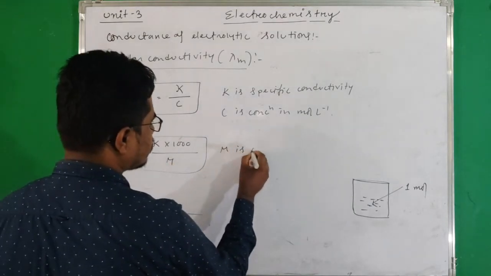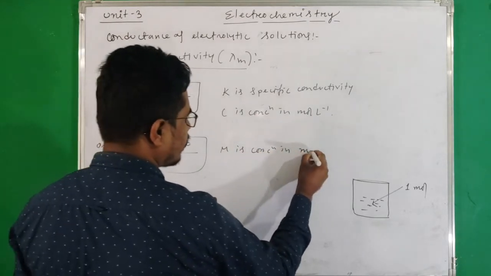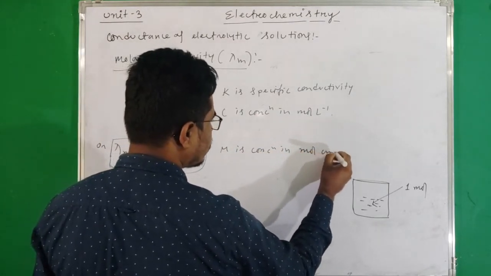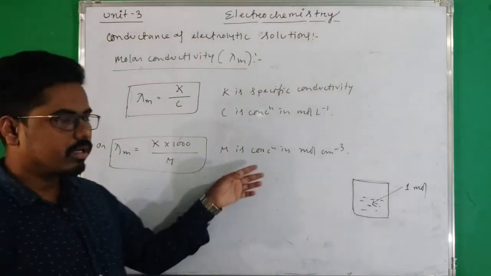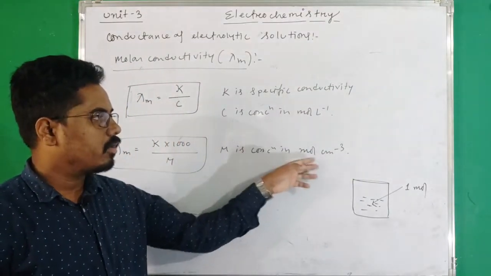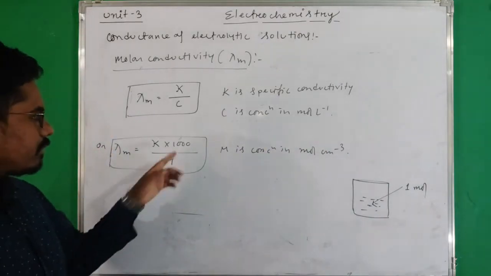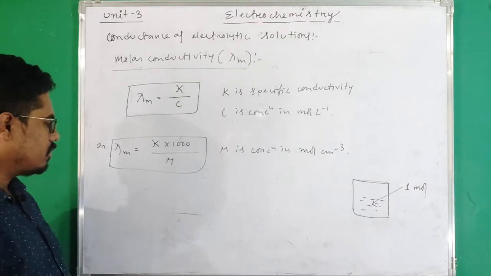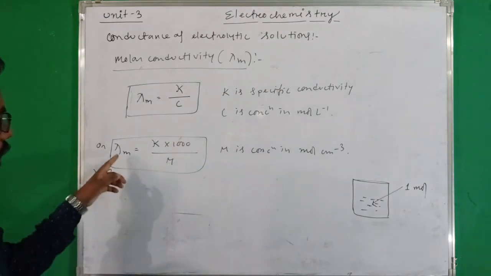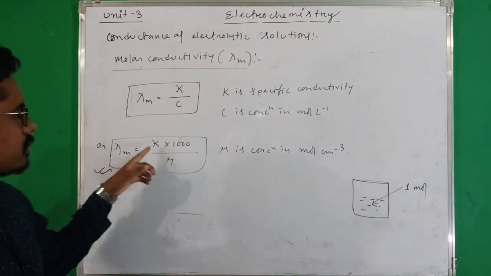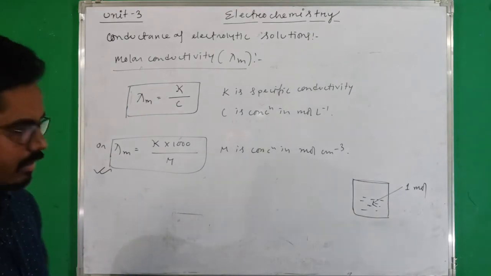Here m is concentration in mole per centimeter cube. So when we convert the concentration into mole per centimeter cube from mole per liter, then we have to multiply 1000 in the equation. So this equation gives the relationship between the molar conductivity and specific conductivity of an electrolytic solution.